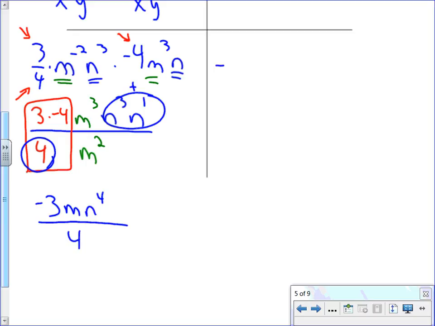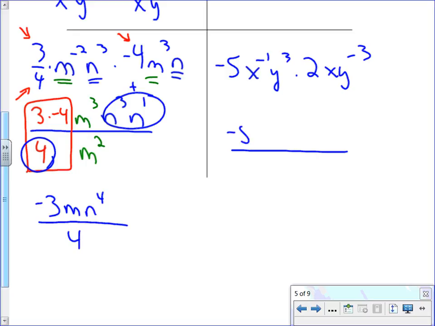One more like this. I'm just going to focus on numerator, denominator. Where does it go? The -5 stays in the numerator, the 2 stays in the numerator. This x goes to the denominator, this x stays in the numerator. This y stays in the numerator, this y goes to the denominator.